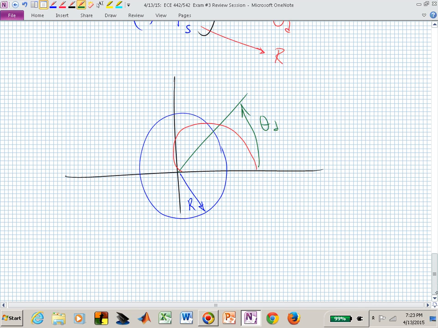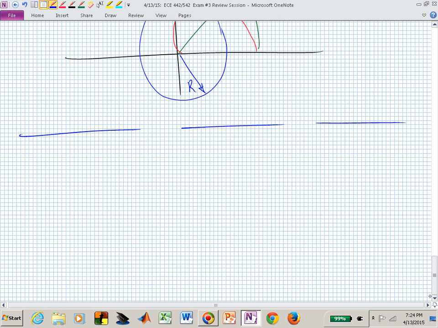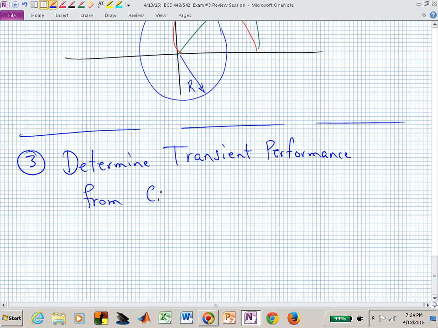The other way of looking at transient and z-plane is to determine the transient performance from the closed loop poles.